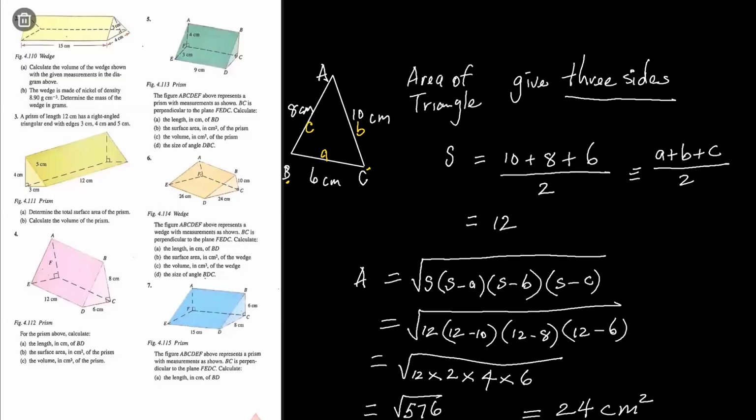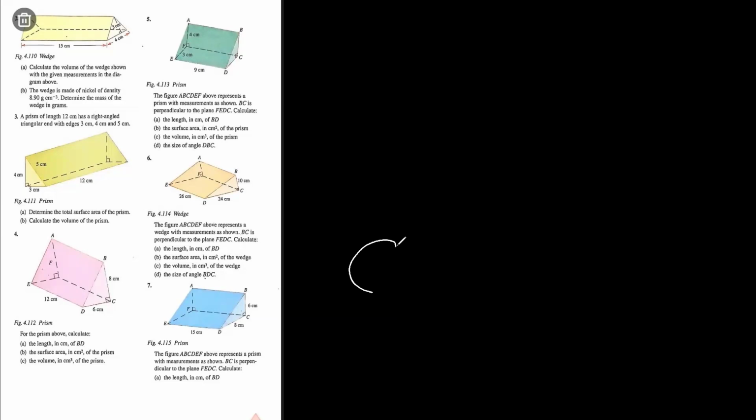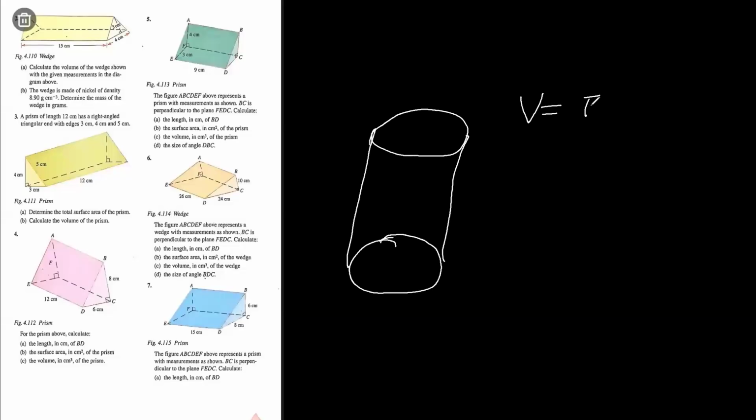Now, anybody could tell me what is the volume of a cylinder? I'm not drawing it nicely. Volume of a cylinder is pi r squared multiplied by height. The height of the cylinder is this height.